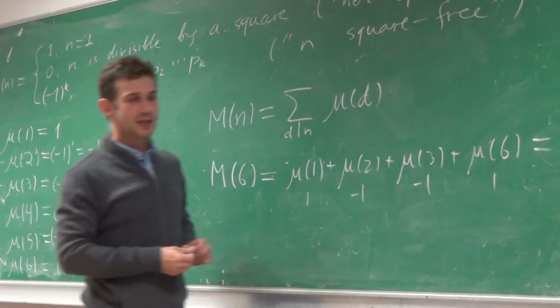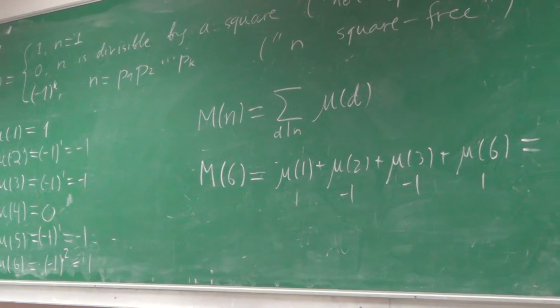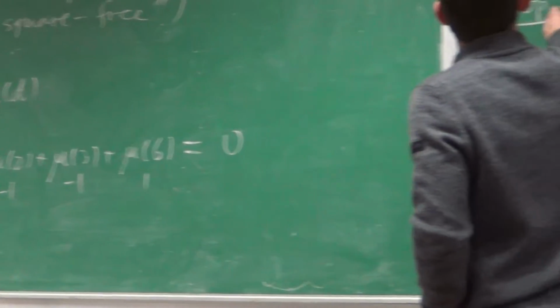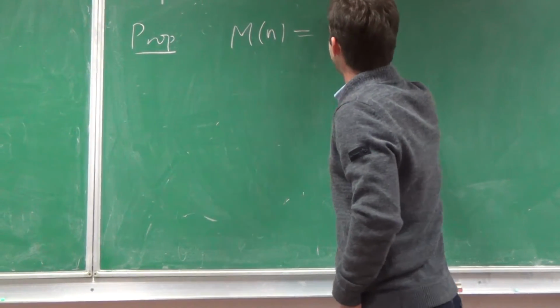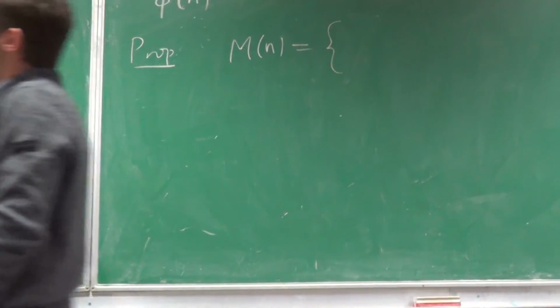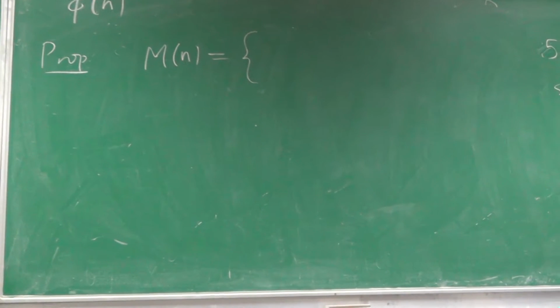This looks like a coincidence, but in fact that's something we can now prove easily. This is the next result. Proposition: the sum of mu over divisors of n has the following form. It's not that this function is super important for us at the moment. It's more like demonstrating how a certain method works.